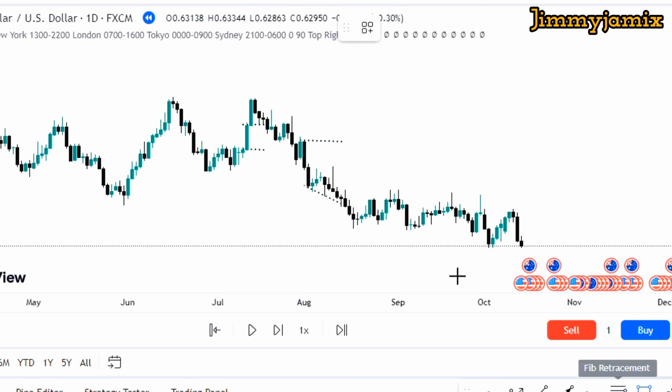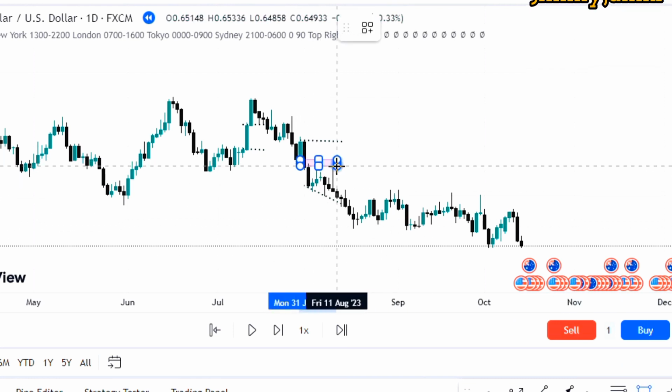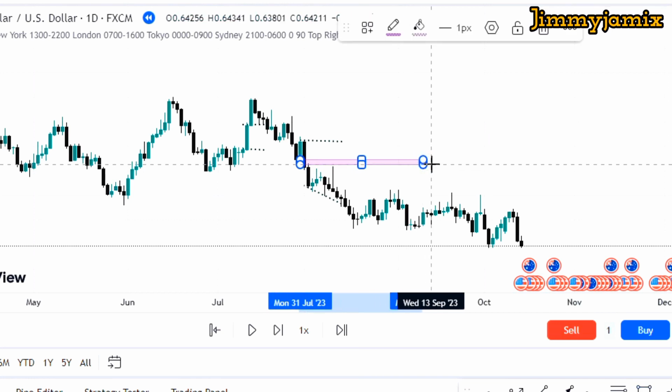This is what we call a fair value gap, guys. Always consider that.